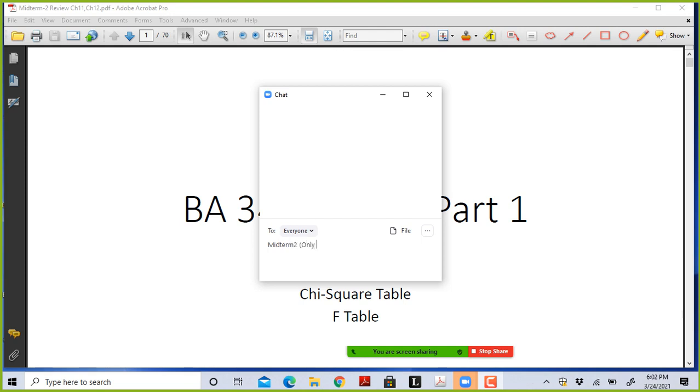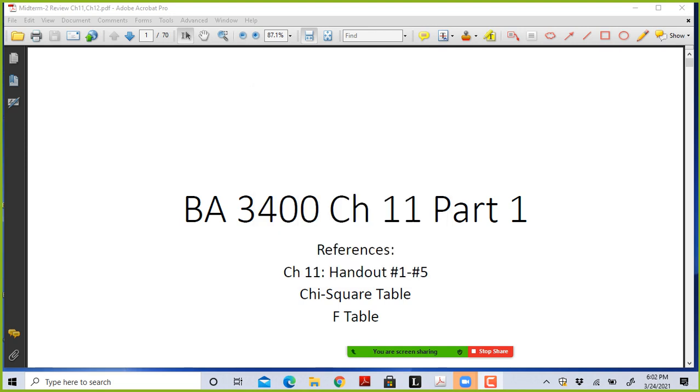Only 33 MCQ questions, and chapter 11 and chapter 12. This time it will be very easy, and we will do some worked out problems as well in today's review.